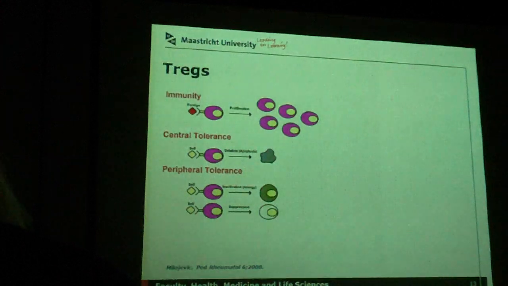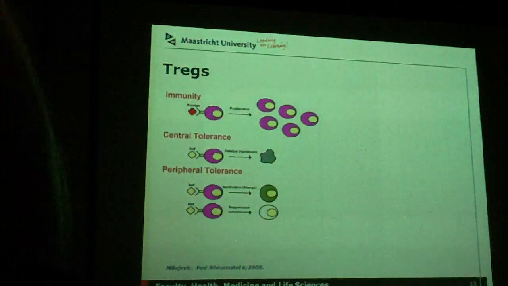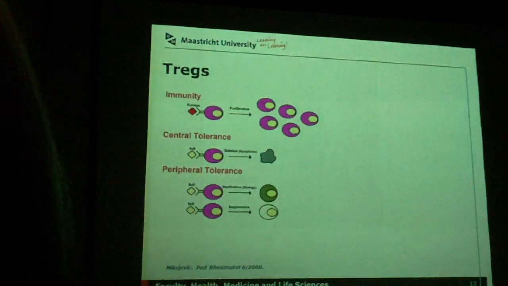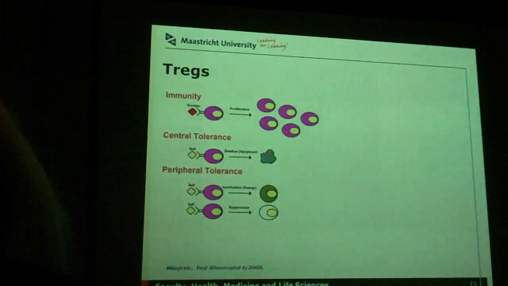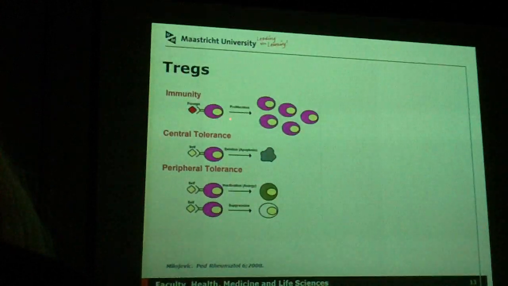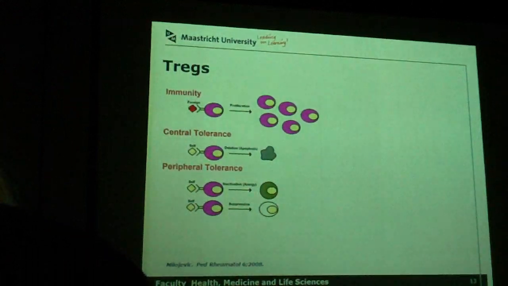This is necessary because you need, of course, a small army to combat this infection, and this specificity is only rarely available at moment 0, so you need expansion of this specific clone to deal with this infection. But you only want this to happen if there is a foreign antigen. If it's a self-antigen, you don't want a response.